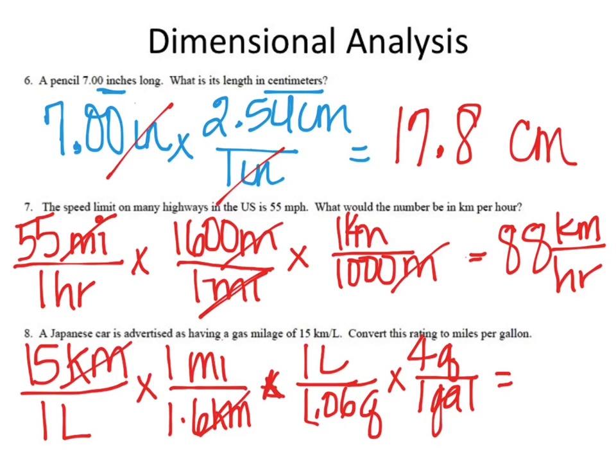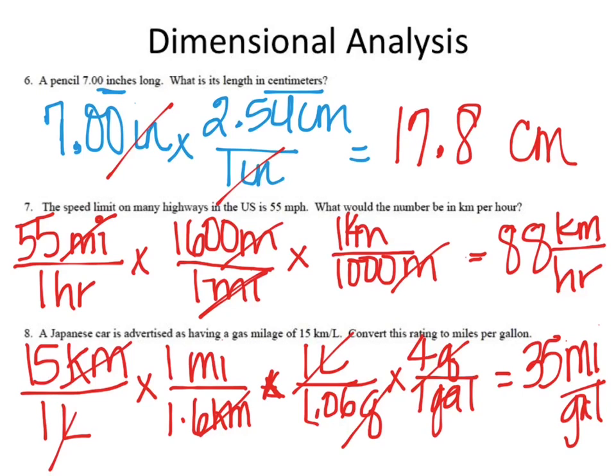So put that in your calculator and get it to 2 sig figs for me. 35 miles per gallon. So this car will get 35 miles per gallon.